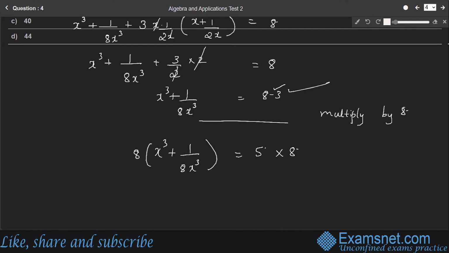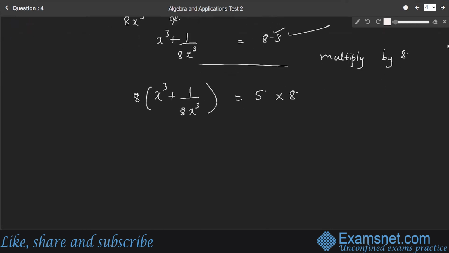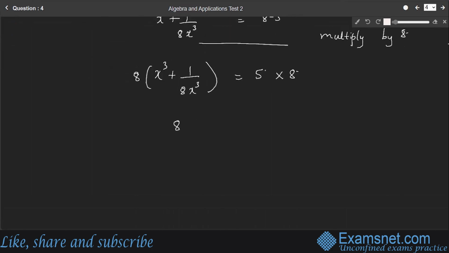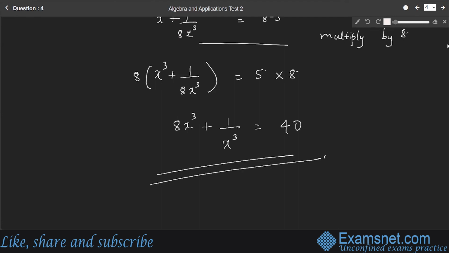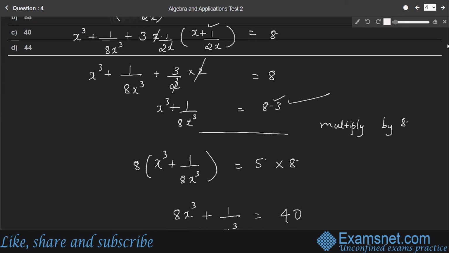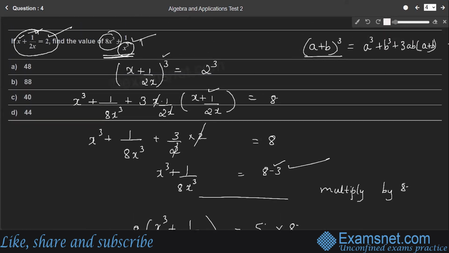So multiply by 8, it becomes 5 into 8. So LHS becomes 8x cube plus 8 into 1 by 8x cube, which becomes 1 by x cube, right? Is equal to 40. Therefore, the answer is 8x cube plus 1 by x cube is equal to 40. Option C is the right answer.